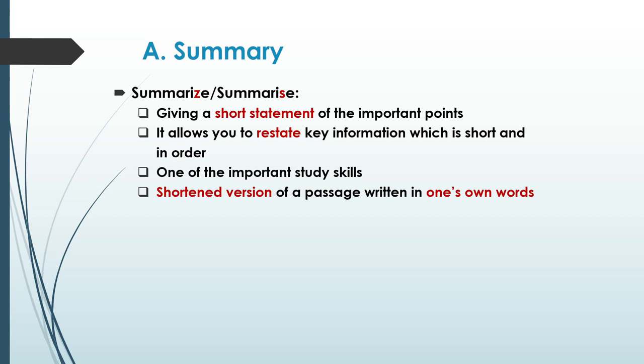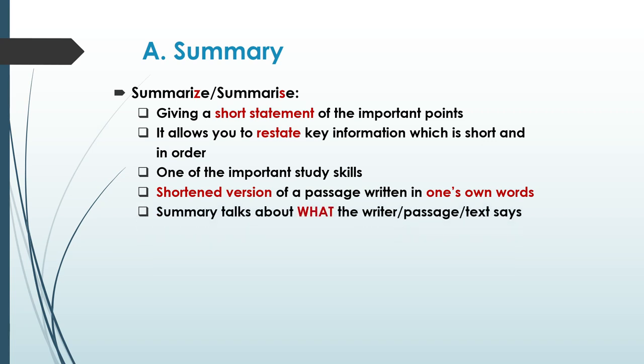You're not supposed to copy and paste the words of the writer. It has to be your own understanding of the text, of the reading material, and then you have to shorten it, keeping in mind the same sequence, the same material. The organization has to be accordingly.